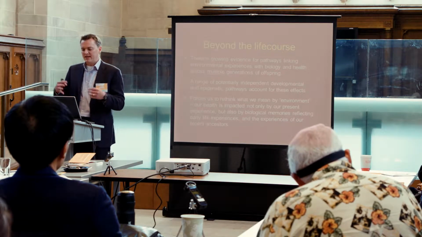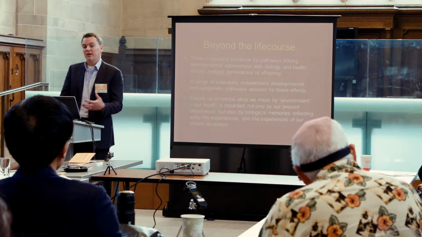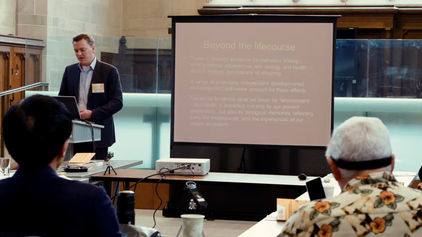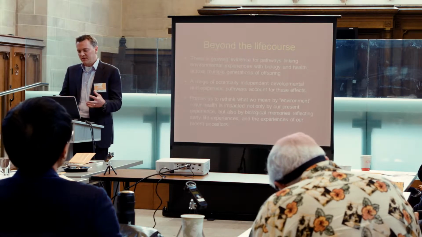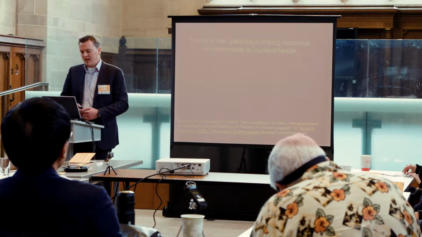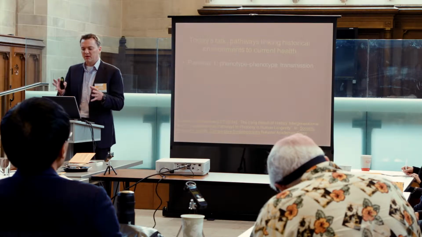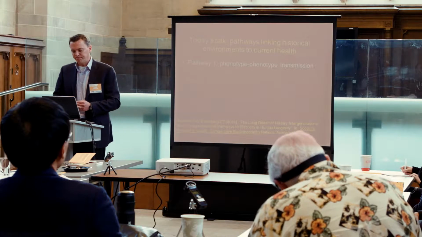Our health is impacted not only by our present experiences and not only our prenatal experiences and developmental experiences, but also by the experiences of recent ancestors. So these are the themes I'm going to develop. And we're going to do that looking at a couple different types of pathways. The first I'm calling phenotype to phenotype transmission.